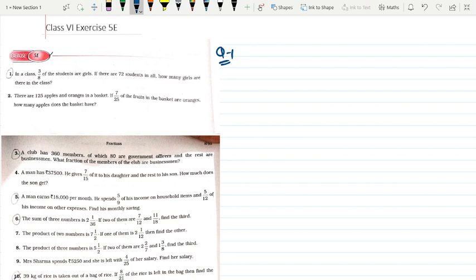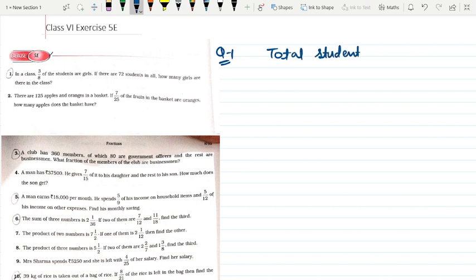So in this question, in a class 3 upon 8 of the students, that means 3/8 of the students, are girls, and there are 72 students. So we can write down here total students.